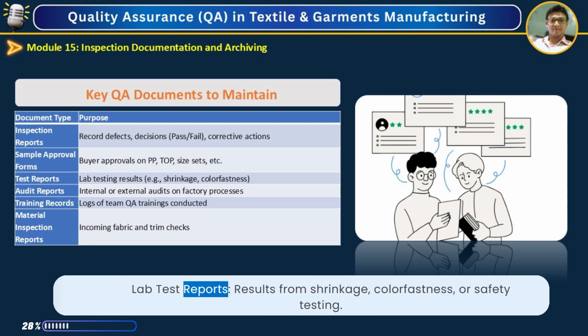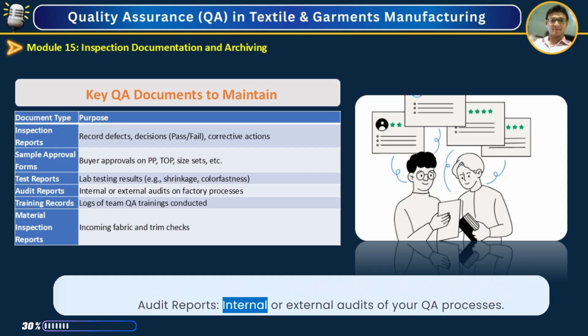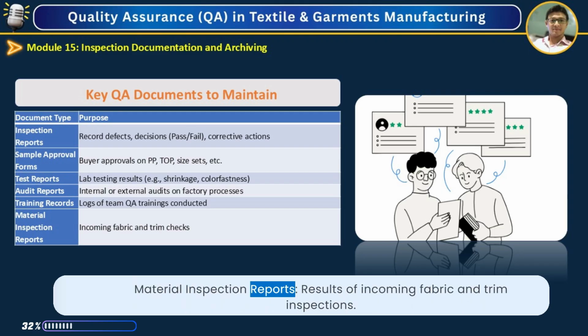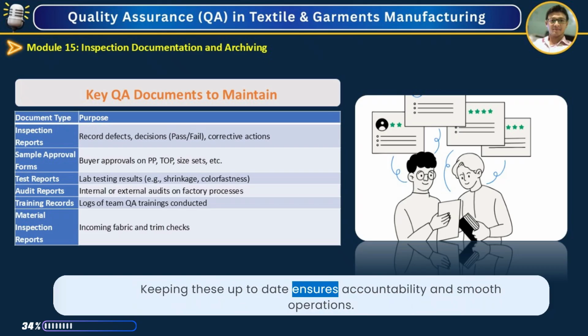Lab test reports, results from shrinkage, color fastness, or safety testing. Audit reports, internal or external audits of your QA processes. Training records, proof that QA staff have been properly trained. Material inspection reports, results of incoming fabric and trim inspections. Keeping these up to date ensures accountability and smooth operations.